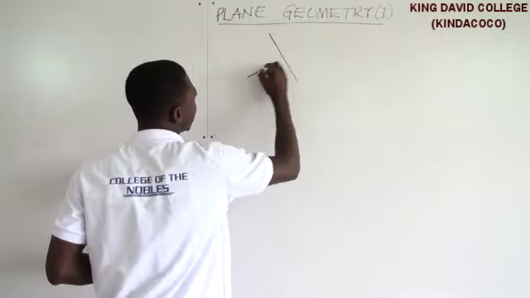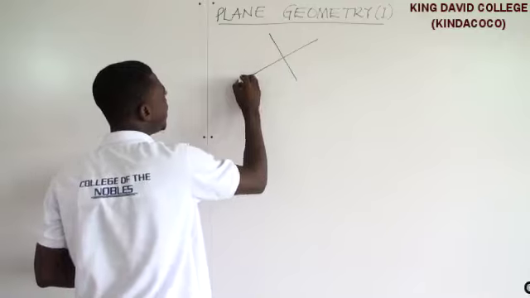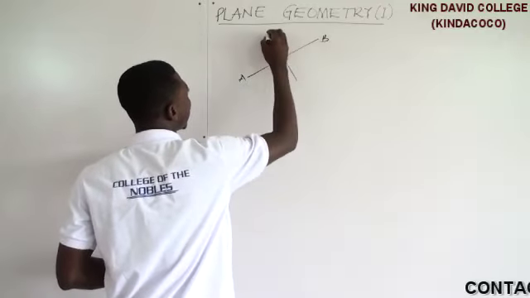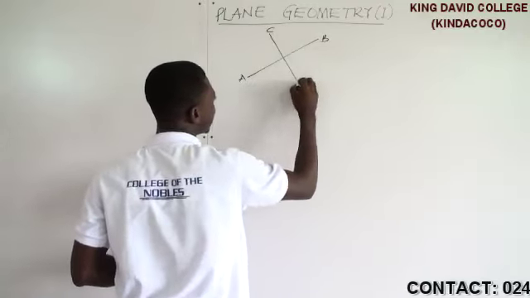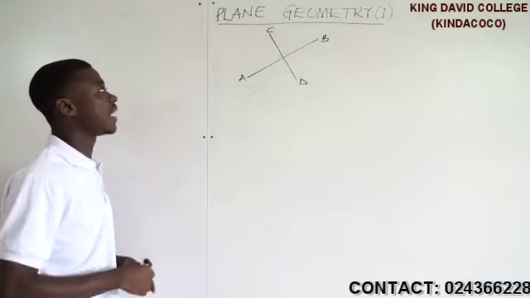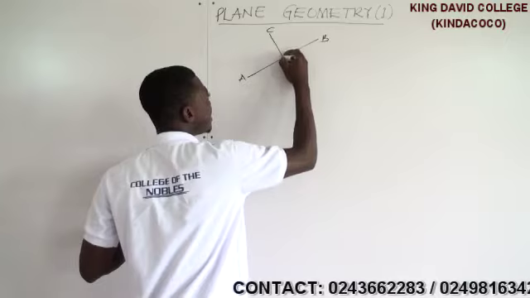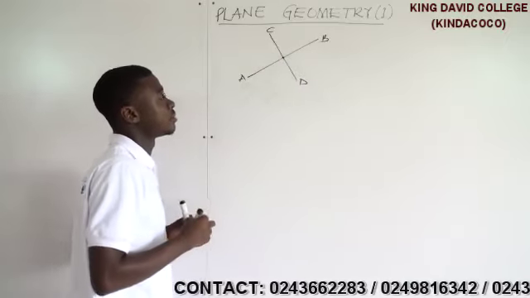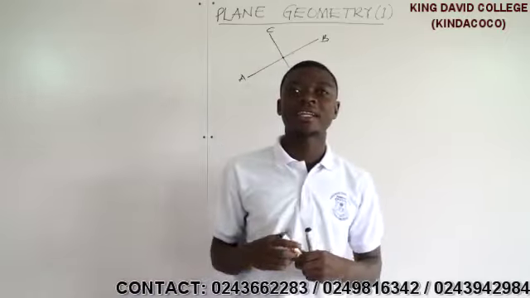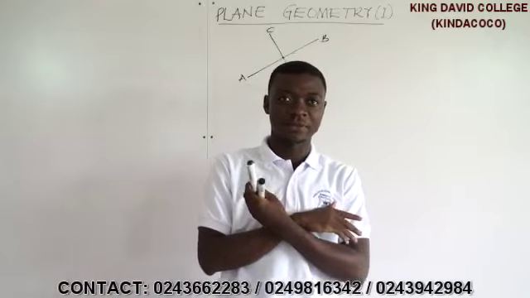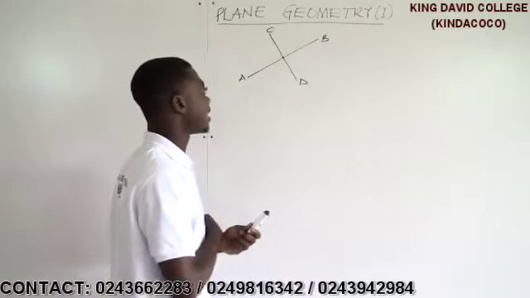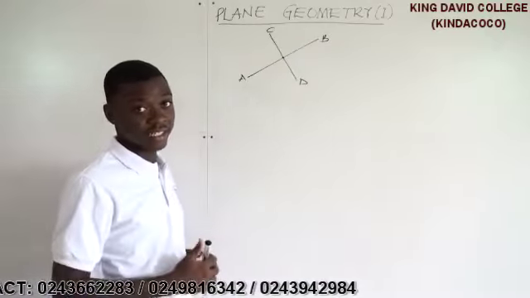Two lines like this, say line AB and then line CD. You know definitely line AB and CD meet here. So they intersect. And whenever they intersect, they will form an angle between them. So when there is an intersection of lines, there is an angle there.